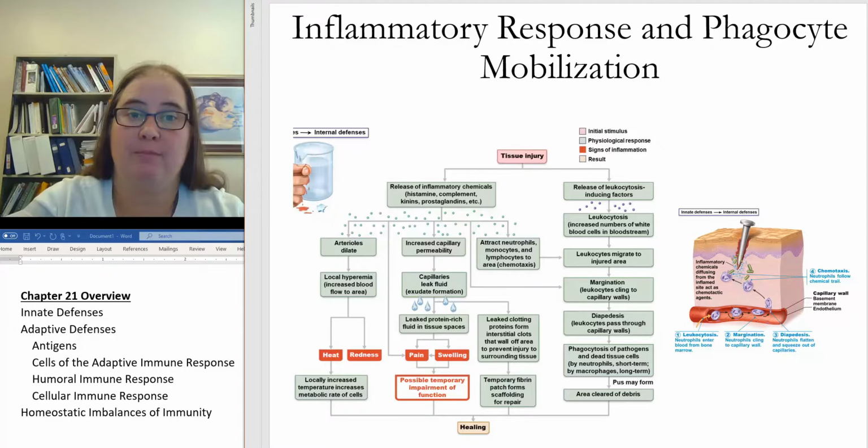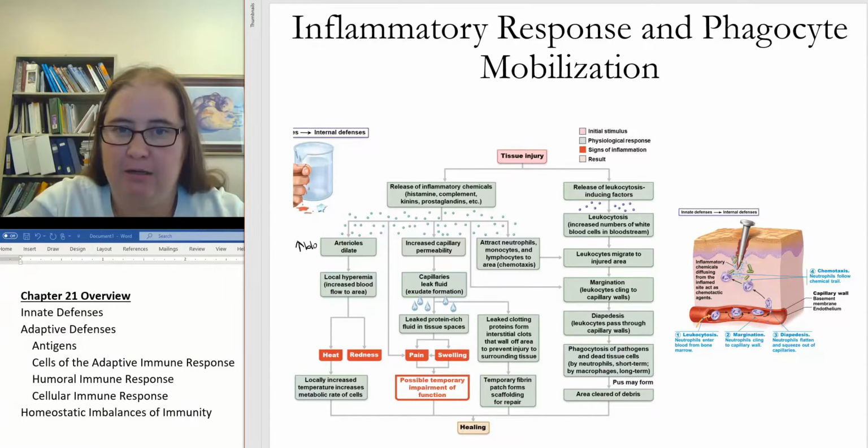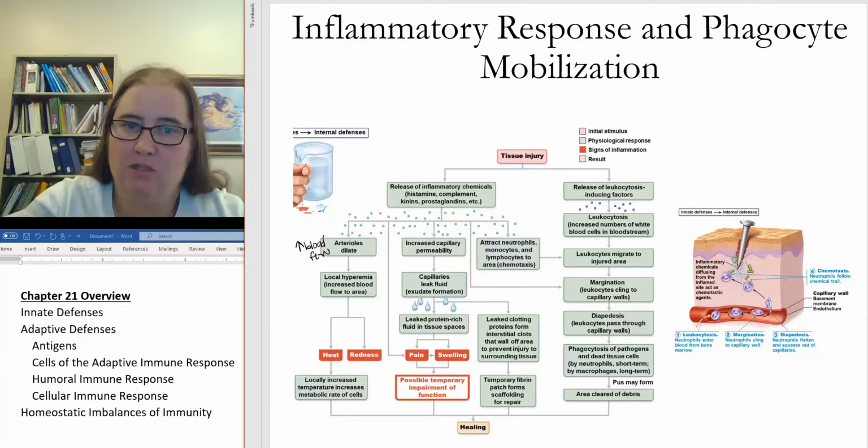So, for example, this release of inflammatory chemicals will cause our arterioles to dilate. Okay, that means we're going to increase blood flow. This will cause local hyperemia, which is an increased blood flow to the area. Okay, this causes the heat.